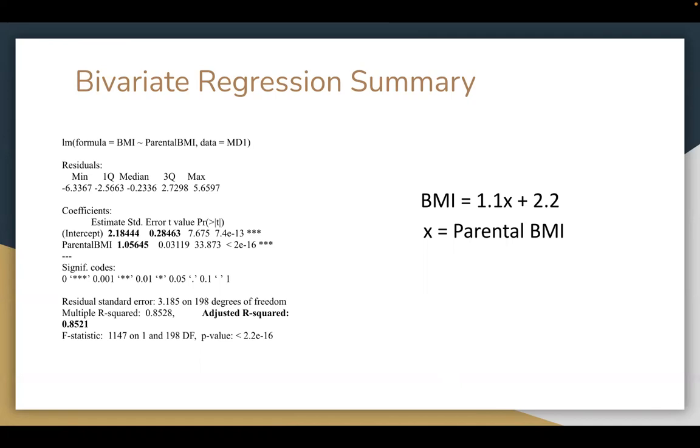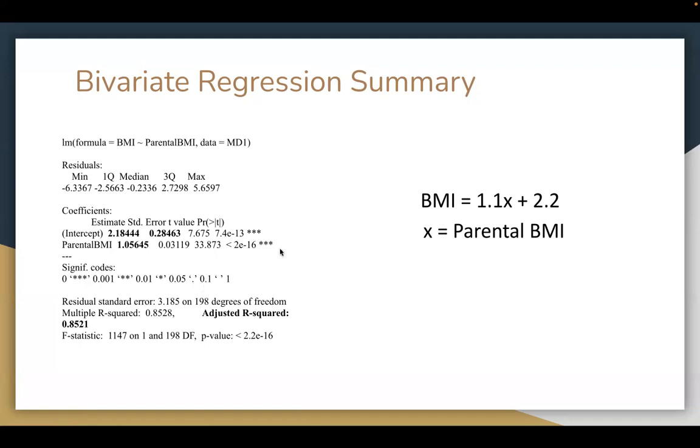The standard errors can be affected by a lot of different things, like sample size and multicollinearity, which are big ones, especially if we have multiple predictors. Using the standard error, we're able to calculate the t-values by taking the estimate over here and dividing it by the standard error, which gives us our t-values. That's 7.6 and 33, this was a bit high.